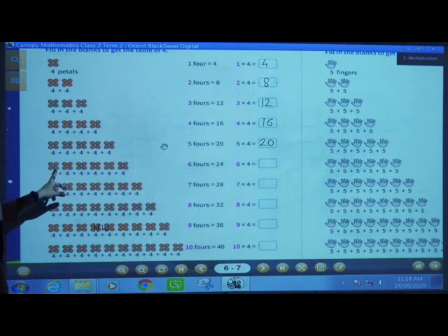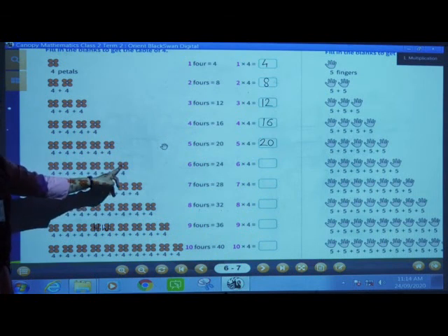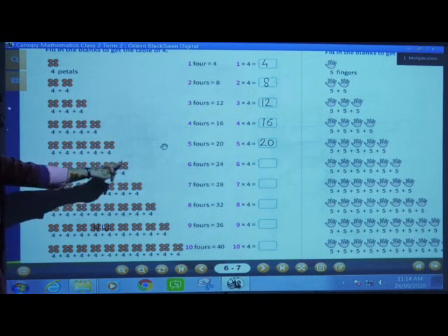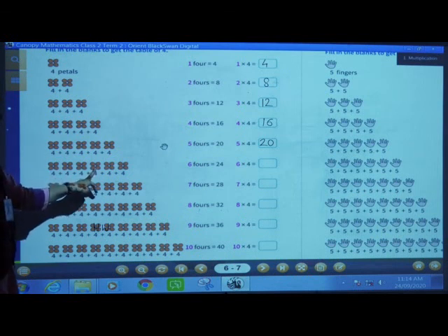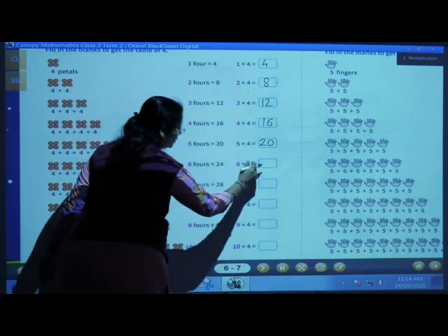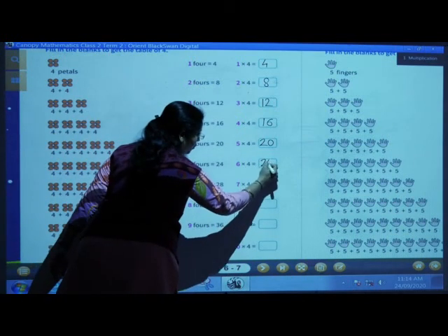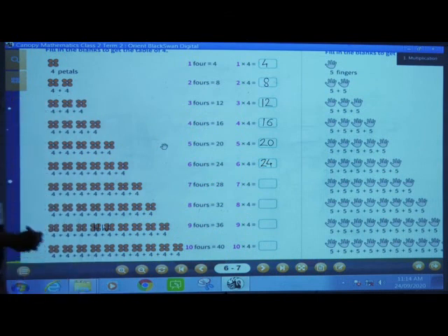Here 6 flowers are here. 1, 2, 3, 4, 5, 6. 6 flowers are here and each flower has 4 petals. Means 4 is repeated how many times? 6 times. Means 6 4s are 24.